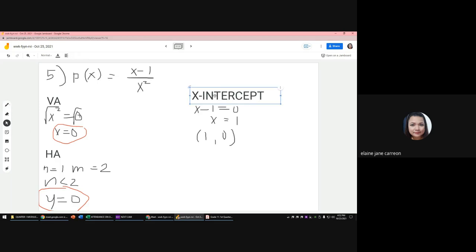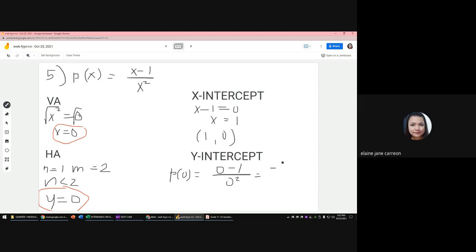And for our y-intercept, papalitan lahat ng x to 0. Equals 0 minus 1 over 0 squared. Okay. So, kung makikita ninyo, tingnan nyo ang denominator. So, negative 1 over 0. Ibig sabihin, undefined.